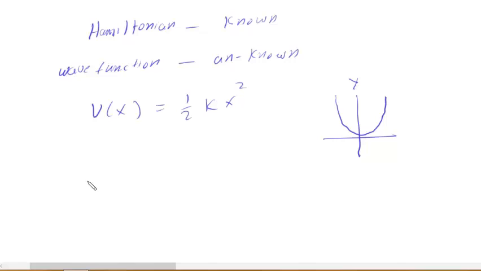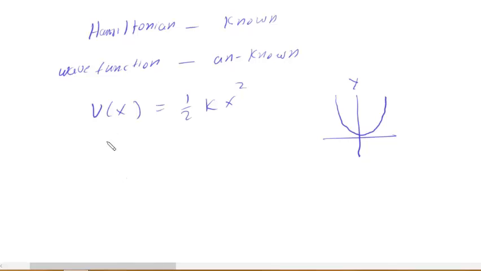The variational method of approximation is based on the variational principle. When we find the ground state energy for a system, we use the variational principle to obtain it.